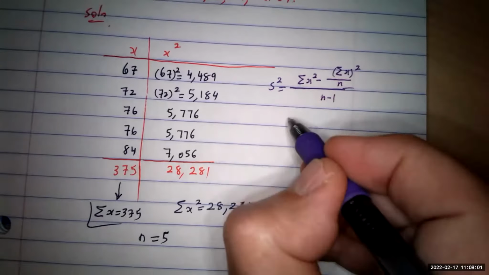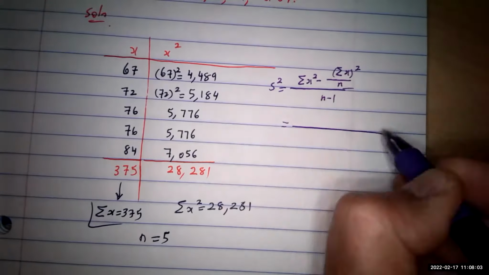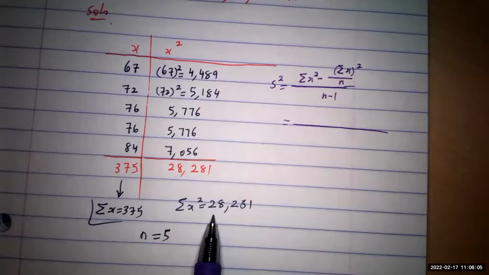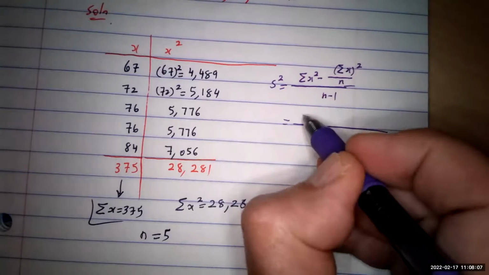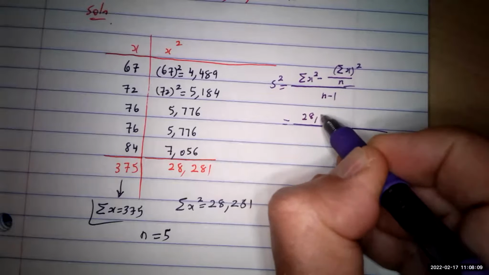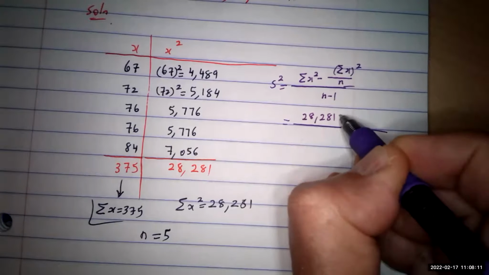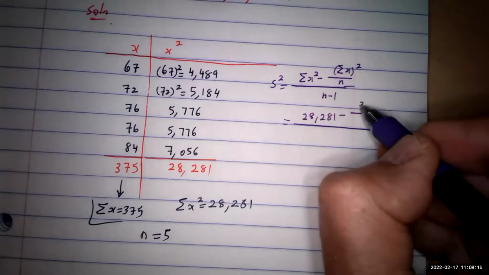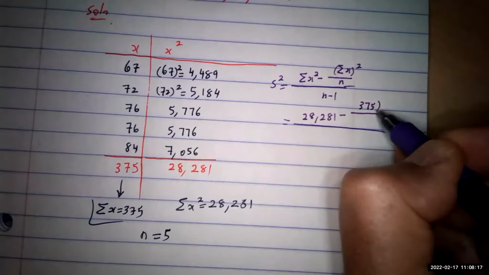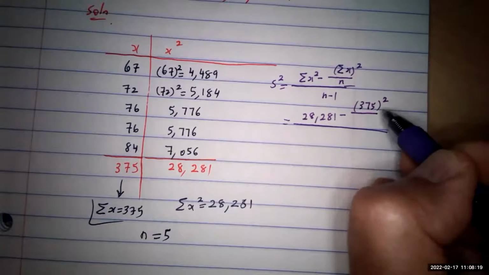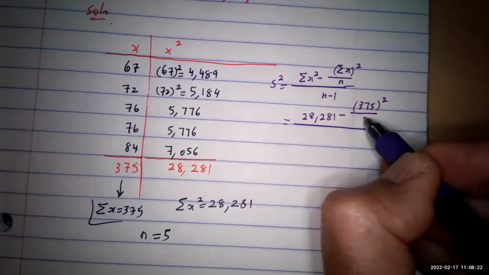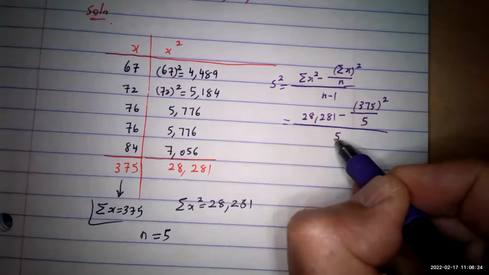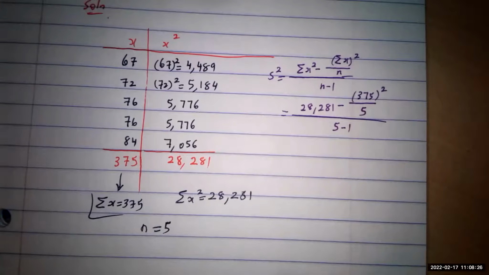You simply substitute. Sigma x squared is 28,281 minus sigma x, which is 375, all squared, divided by n equal to 5, over 5 minus 1.